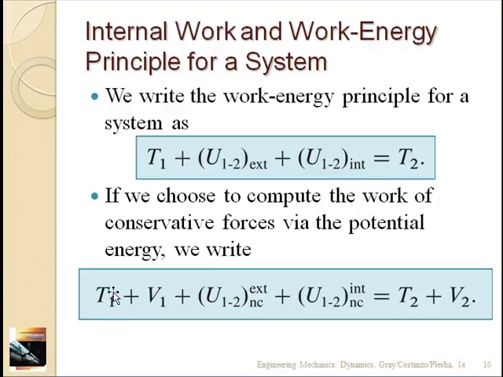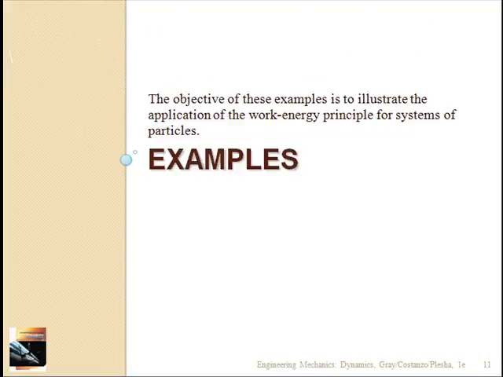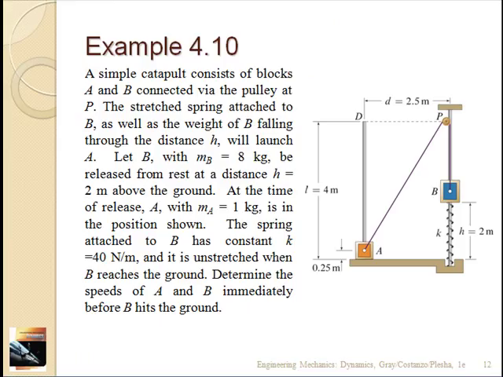So T1 plus V1, the initial kinetic plus initial potential energies, plus the work done by non-conservative external forces plus the work done by non-conservative internal forces equals the final potential plus kinetic energy. So let's look at some examples.